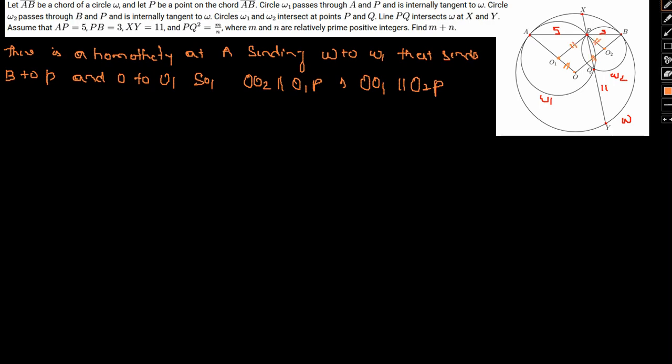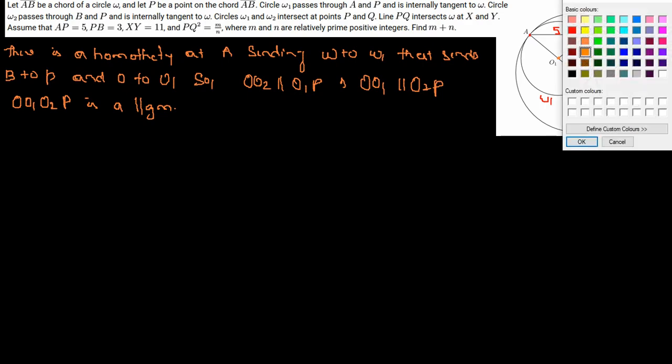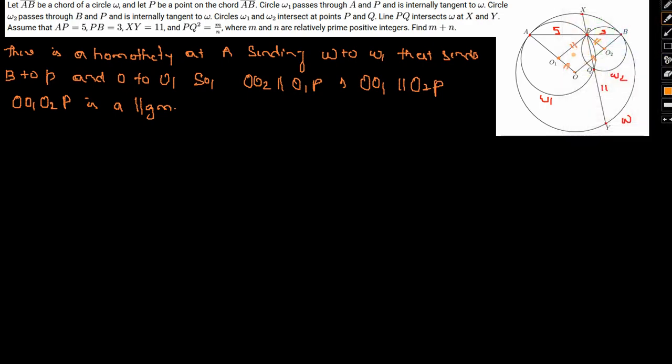So basically we have a parallelogram. O1O2P is a parallelogram. Let me highlight the same. This particular shape is a parallelogram.